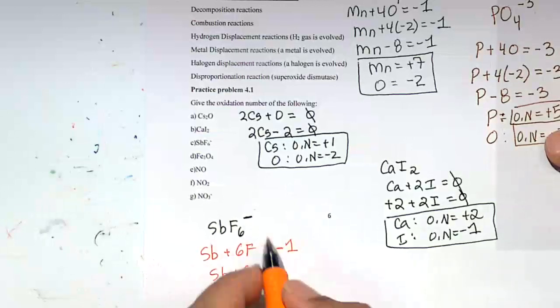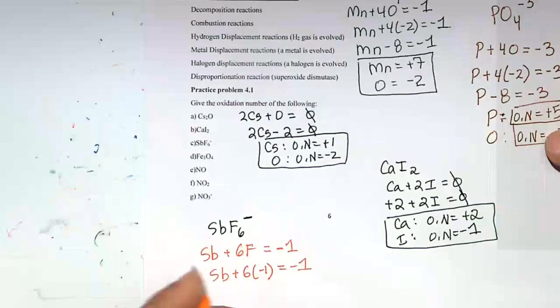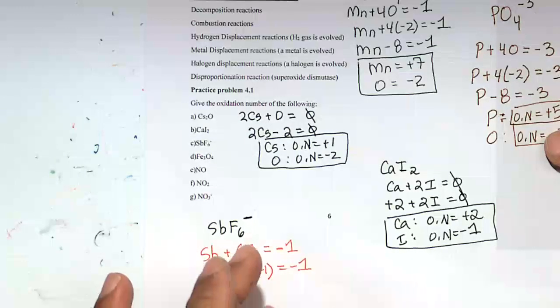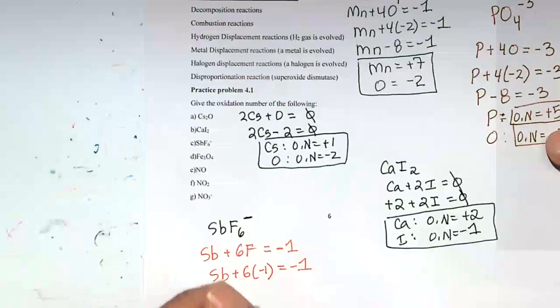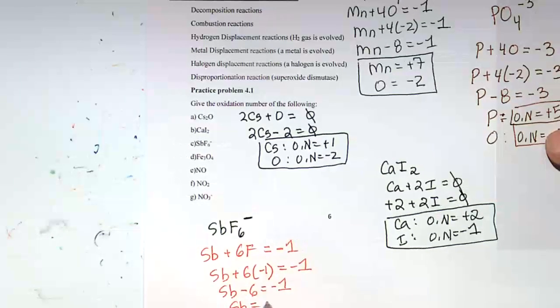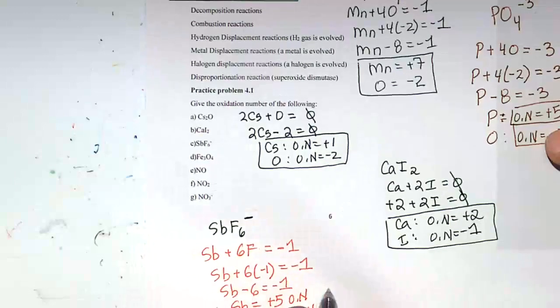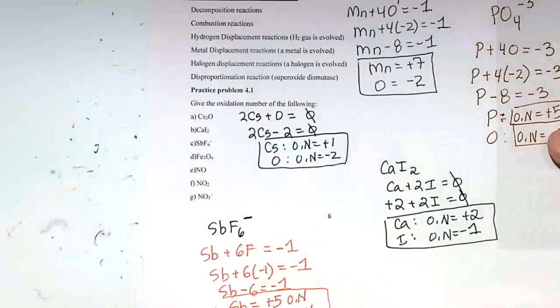Okay, that's just one of our rules. Sb is a transition metal, so it can take on all different oxidation states and have all different types of oxidation numbers. So Sb minus 6 equals minus 1 here. I'm getting Sb to have an oxidation number of plus 5. Fluorine will always be minus 1.